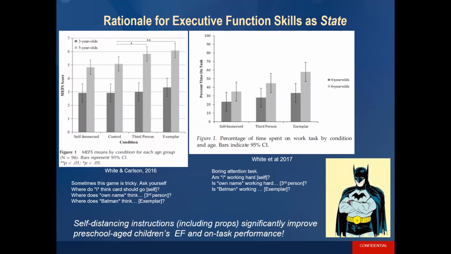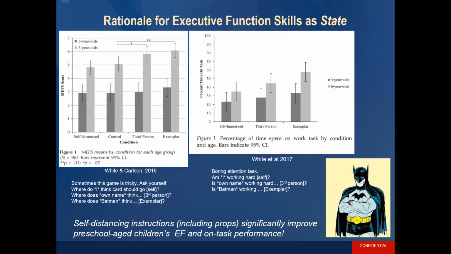And then there's a third group of kids who get told, you're going to be Batman. And we want you to play this task as if you're Batman. And you get a Batman cape, and you get a Batman belt. And your instructions are, sometimes this is tricky. Ask yourself, where does Batman think the card should go? Or is Batman working hard?